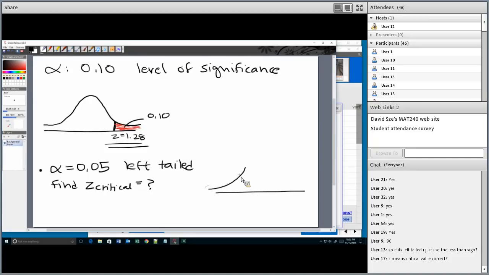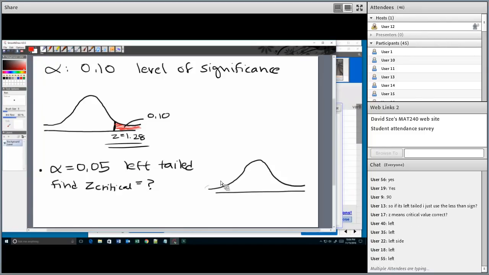So if I were to draw it, where is this rejection region? 0.05 left tail test. Okay, so the rejection region, as everyone else is saying, is on the left side. And what is the probability area under the curve? 0.05.